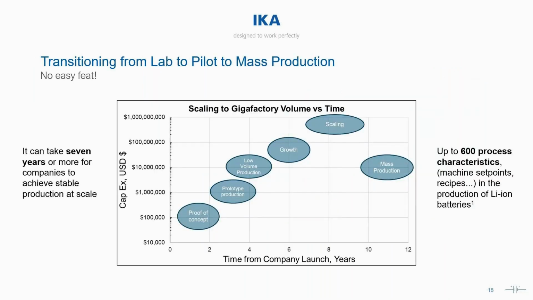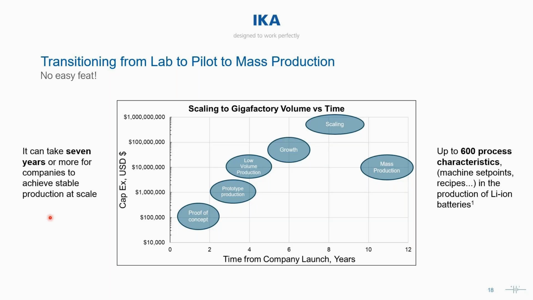Awesome. All right. So now, if we talk a little bit about what the life cycle to transition from lab to pilot to mass production looks like. The bad news is it can take, on average, 7 years or more for companies to be able to achieve stable production at scale.